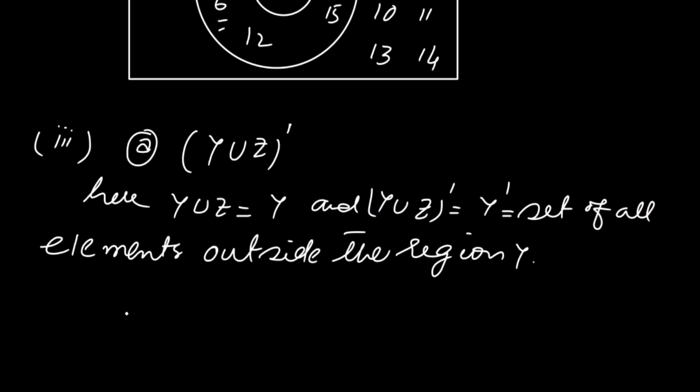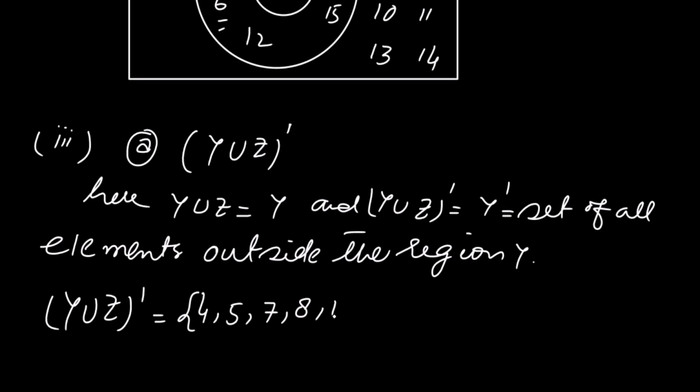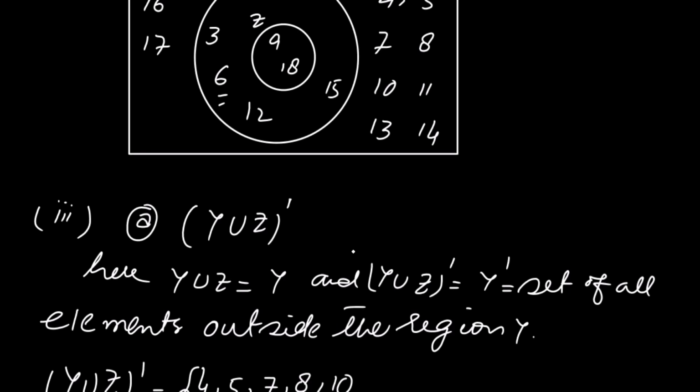So Y union Z complement is 4, 5, 7, 8, 10. So these are all elements that belong to this rectangle and outside the Y, 11, 13, 14, 16, 17.